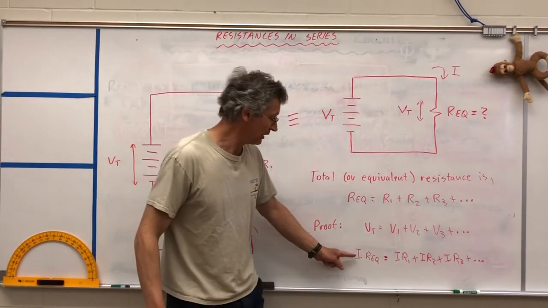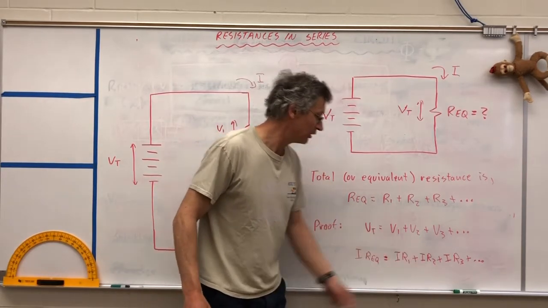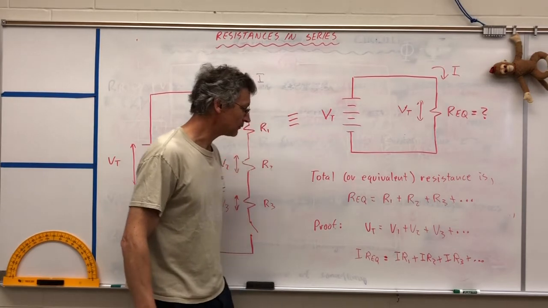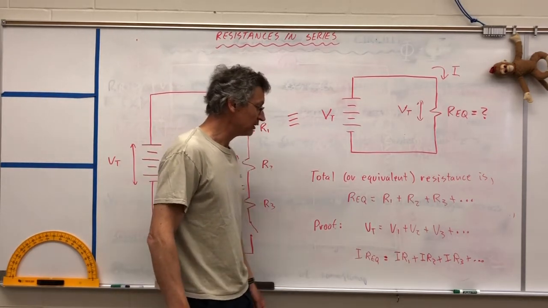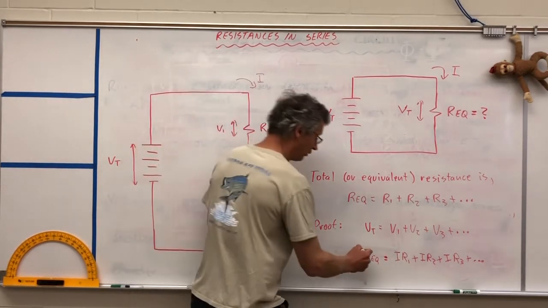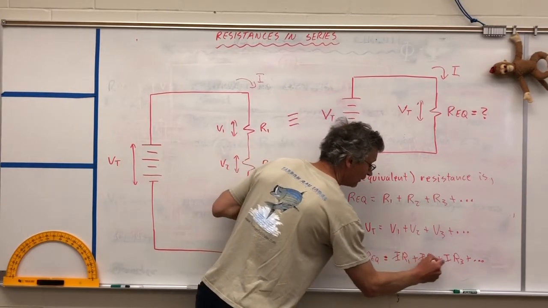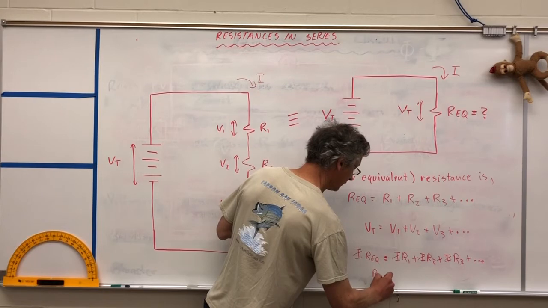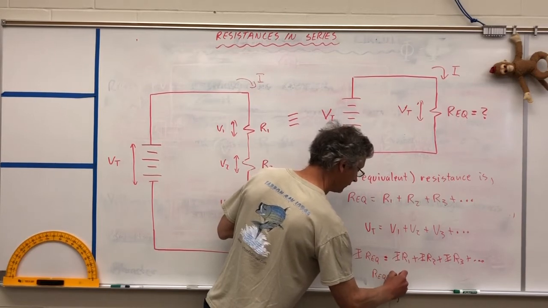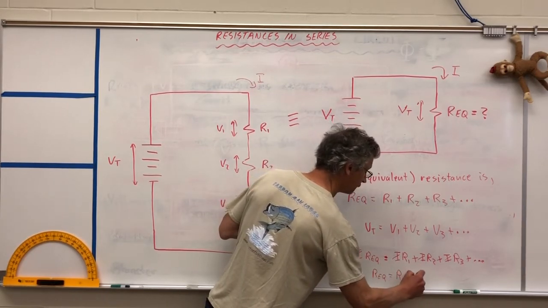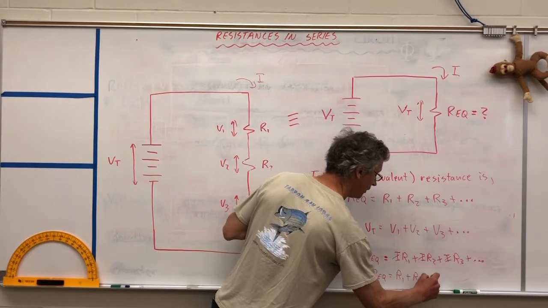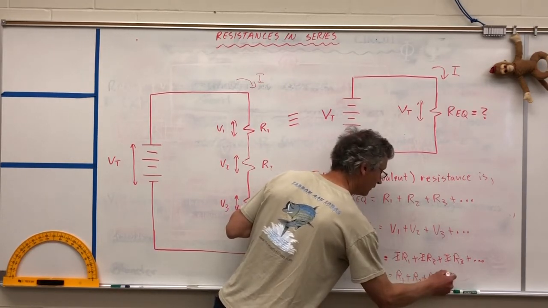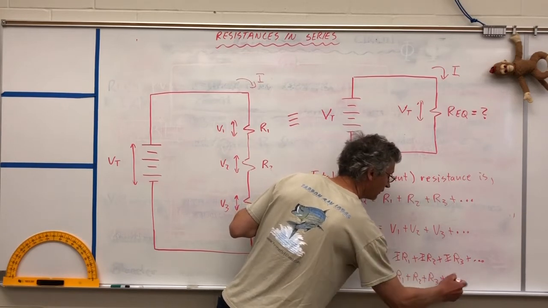Look, in every single one of these terms, we have an I. So you can divide both sides by I, and all the I's cancel. And yeah, you are left with the equivalent resistance is equal to the sum of all the resistances in series, however many there are.